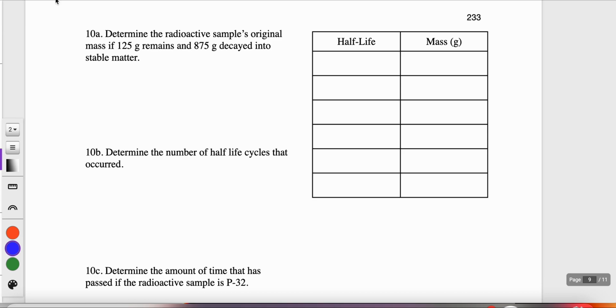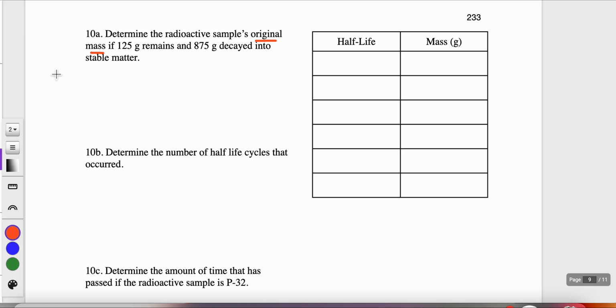Part A says determine the radioactive sample's original mass. So we have to come up with its original mass. That means the starting mass.